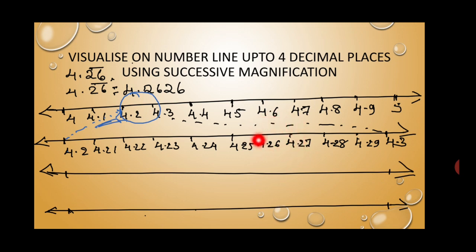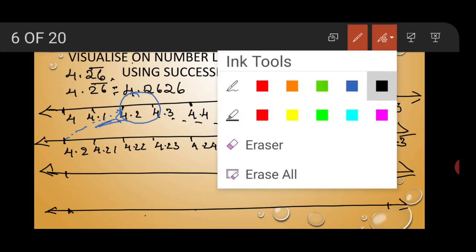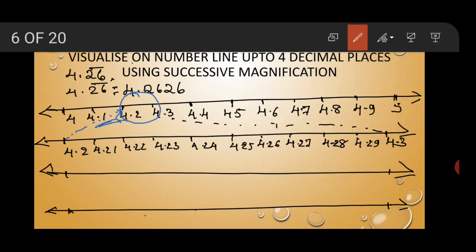So keep your magnifying lens in these 2 points, right? In between 2 points, 4.26 and 4.27.